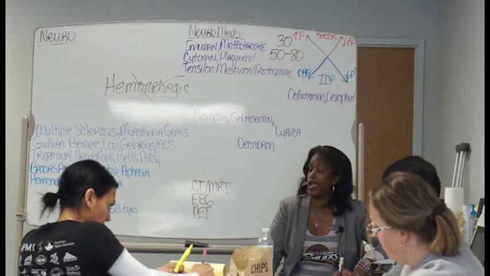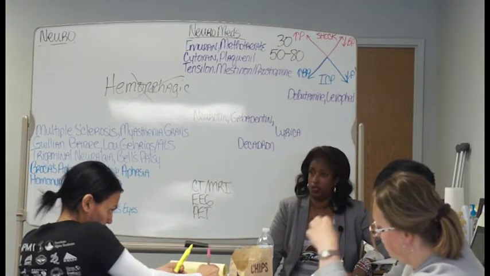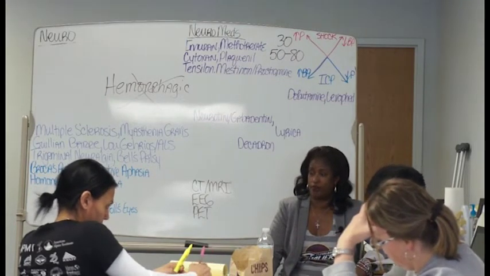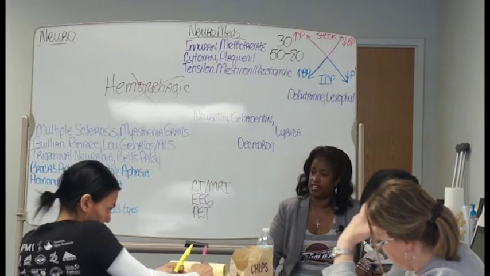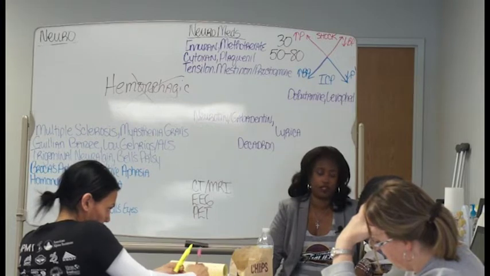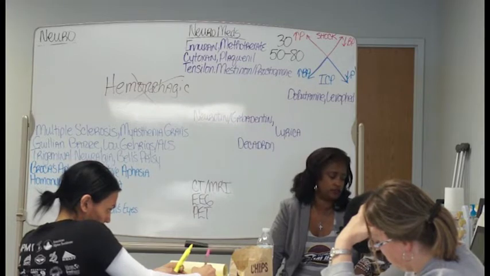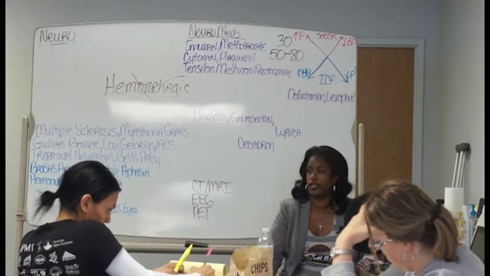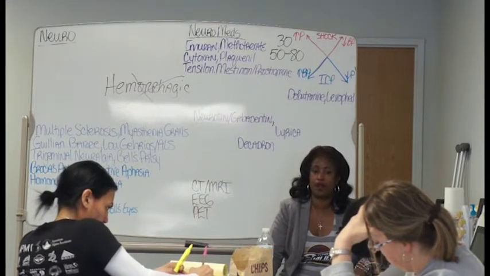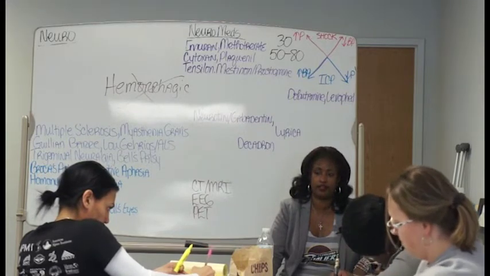Electromyogram hurts like hell. Don't forget that. It's sticking needles in your muscles. Electromyogram is also done for carpal tunnel. And then the other one is an MRI. The MRI is going to see plaques in the brain.